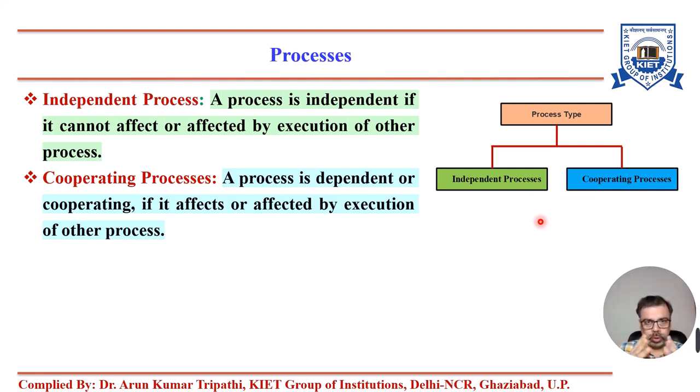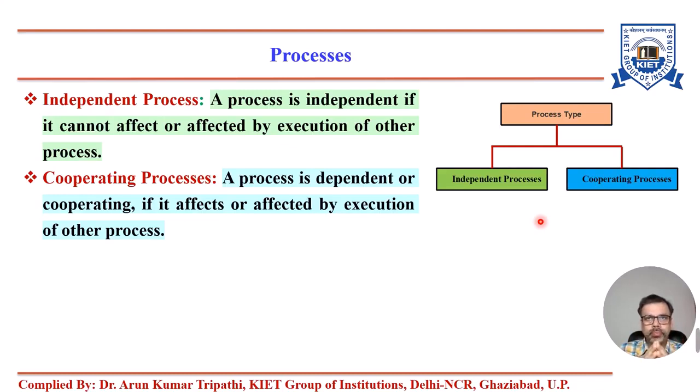There are two types of process. The first is the independent process. Independent processes are those which neither are affected by nor affect any other process, meaning they run separately. There is no common part.